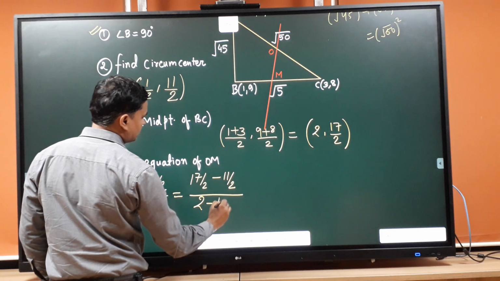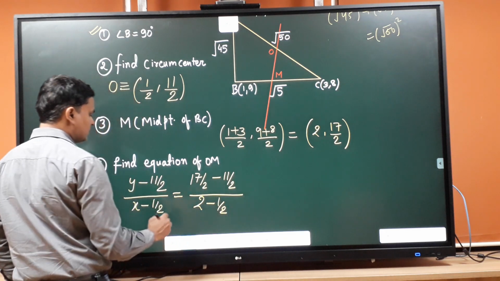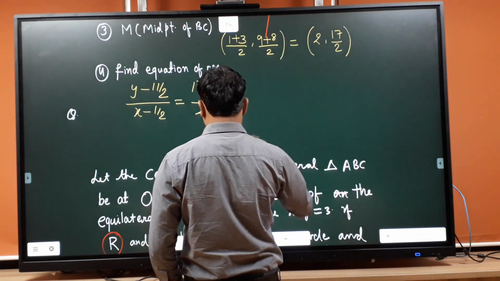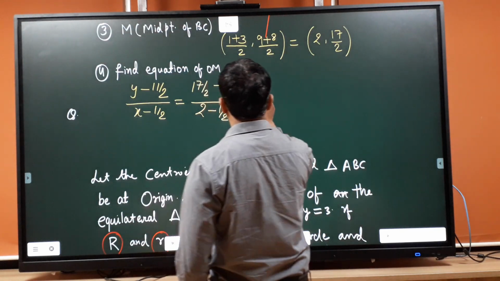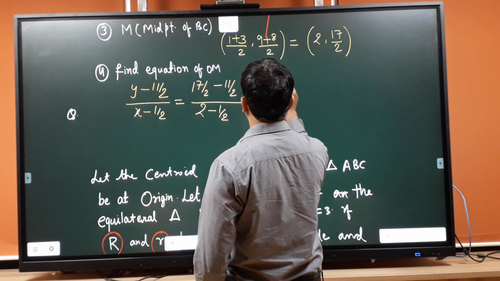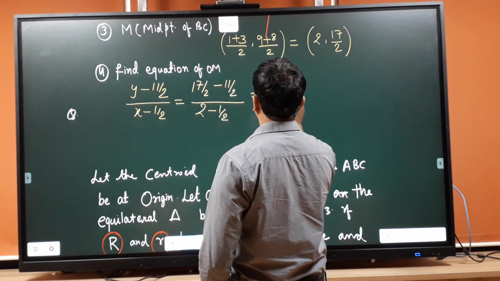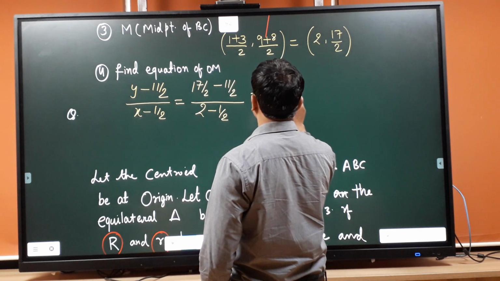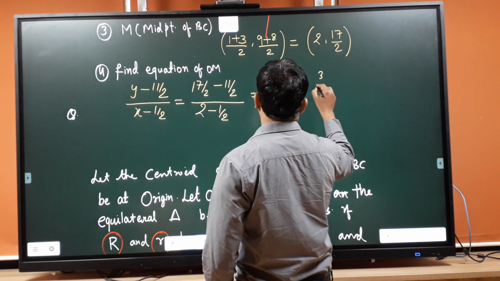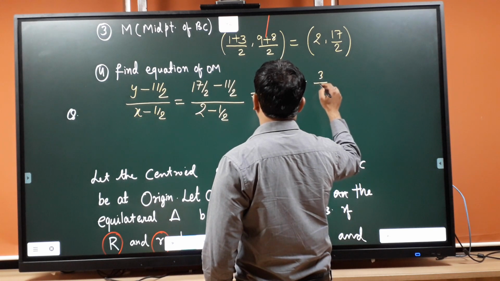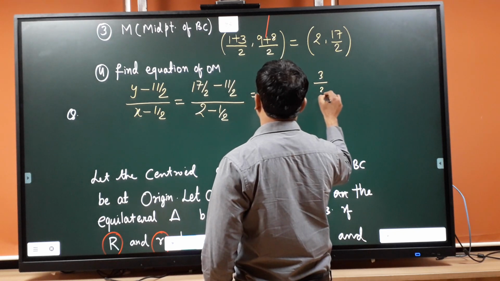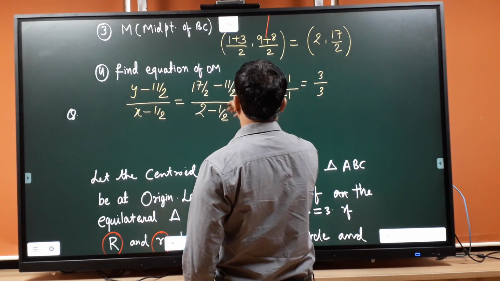I hope you understand what I am writing here. Now it will come 2y minus 11 upon 2x minus 1, and that is equal to 3 upon 3.